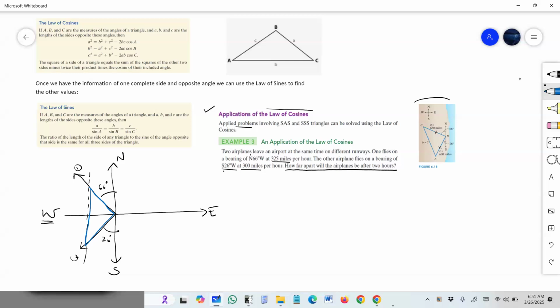Okay, and now I'm going to transcribe this information over here. Here's the triangle.